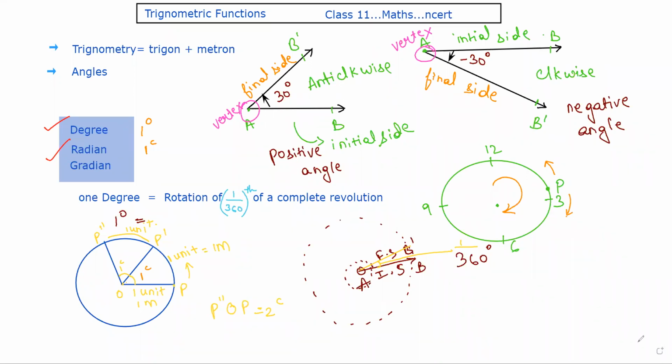What if you have to generalize it? So let's consider a circle where the radius is not 1 unit, where the radius is anything but 1 unit. Let's consider the radius to be R. O is the center, and this P is point P. This P is moving in anti-clockwise direction, and it covers a length L and reaches a point P dash.